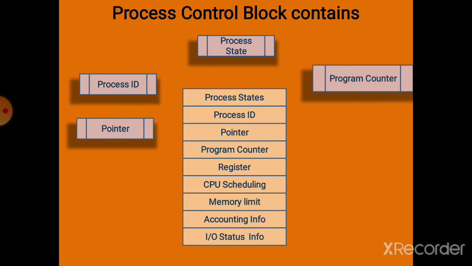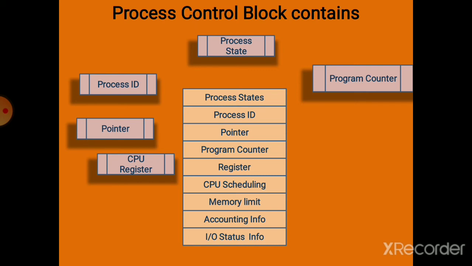When the process is being executed, the lines of instructions, the lines of code, will be executed line by line. So when it is being executed, this program counter tells the address of the next instruction to be executed.